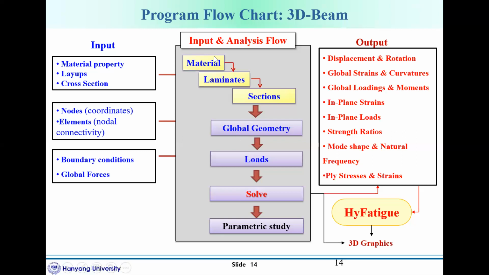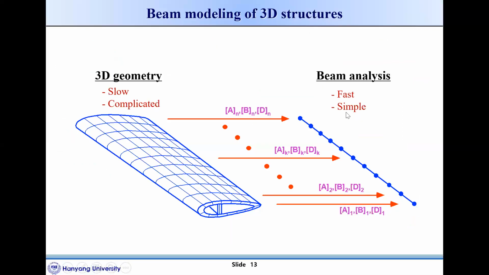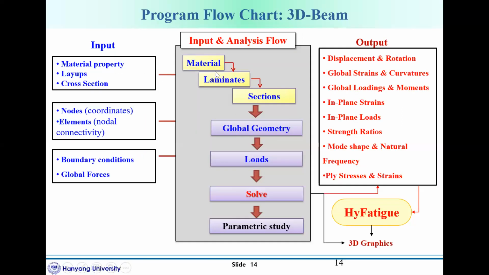So this is the flow chart in 3D beam. You don't want to go into too much detail in theory, but understanding the whole structure will help you a lot, understanding this tool and the design procedures. Starting from input, as you can see, it is the material property, layup sequence, and cross sections. Material property like EX, EY, and all the strengths.